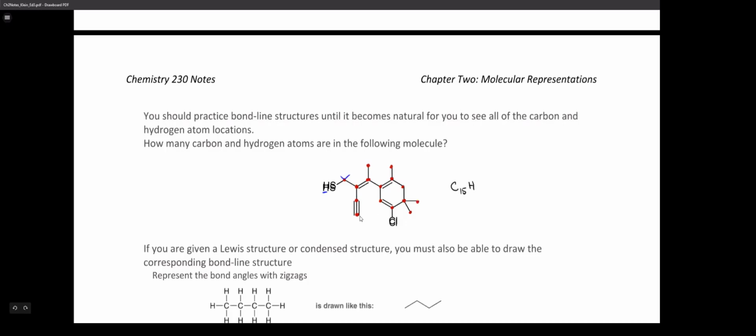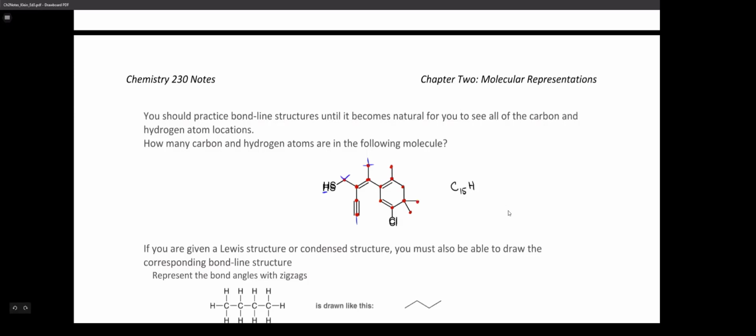How about here? Just 1. There's 1 there. Good. Because there has to be a total of 4 bonds. So 1, 2, 3, 4. How about here? None. None. How about above? 3. 3. 5, 6, 7. Good.